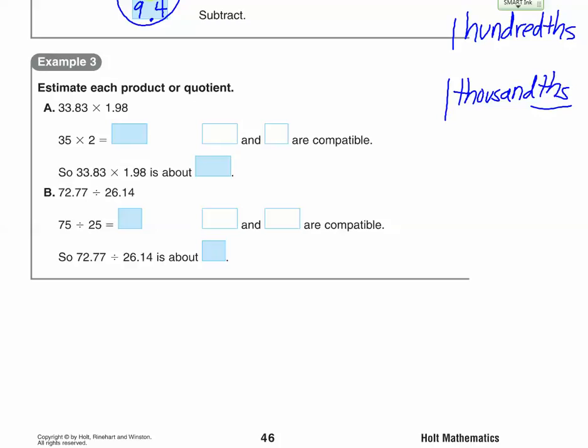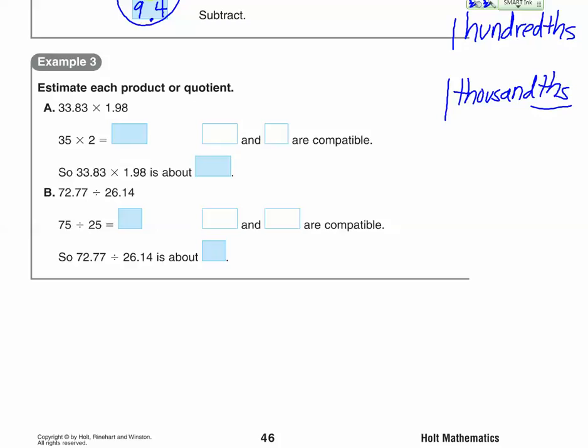Now sometimes when we round to the nearest whole number, they end up not being numbers that are easy to multiply and divide by. So we have to remember the whole point of estimation is to make this a mental math problem. So here we may end up changing the numbers slightly to make this easier to solve.